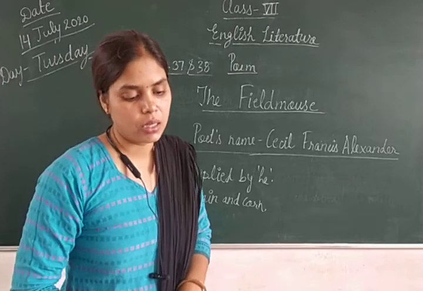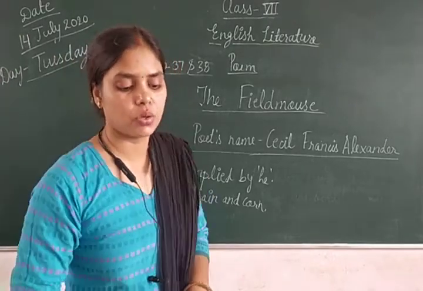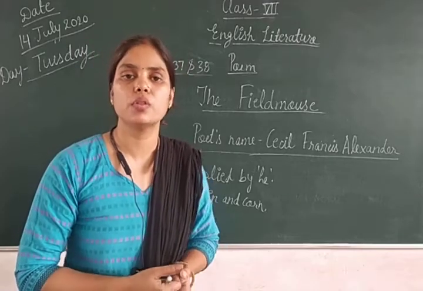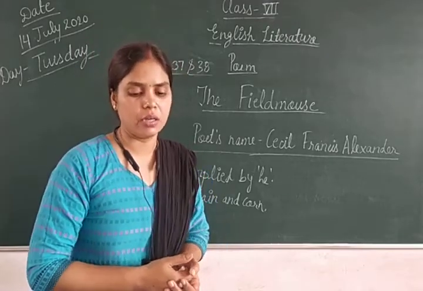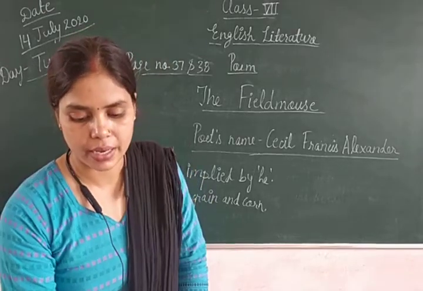Then the third question is: does the poet sympathize with the person referred to here? So yes, the poet sympathized with the person referred here, means with the farmer, and why he was sympathized.